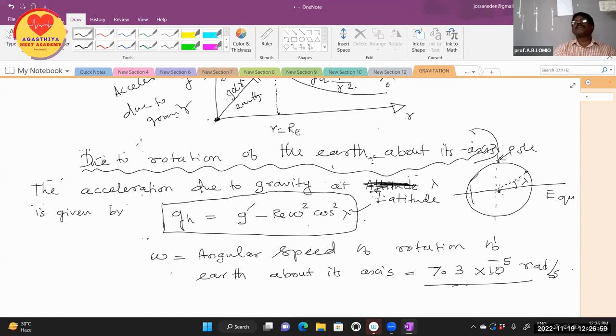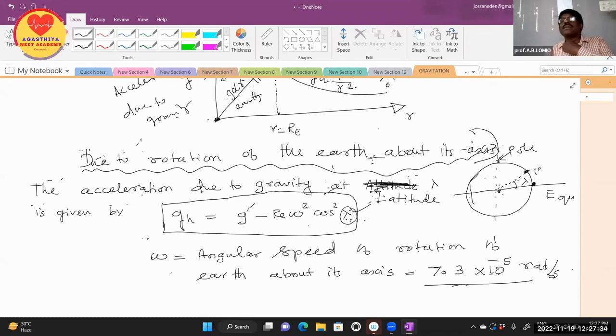Now, students, all of you listen here. See, this formula is a function of latitude, that is the angle. When the point, say P, is coinciding with the axis of the equator, all of you listen here kindly, see the board. When the point P coincides with the axis of the equator, lambda becomes 0. Substitute the 0 value over here.